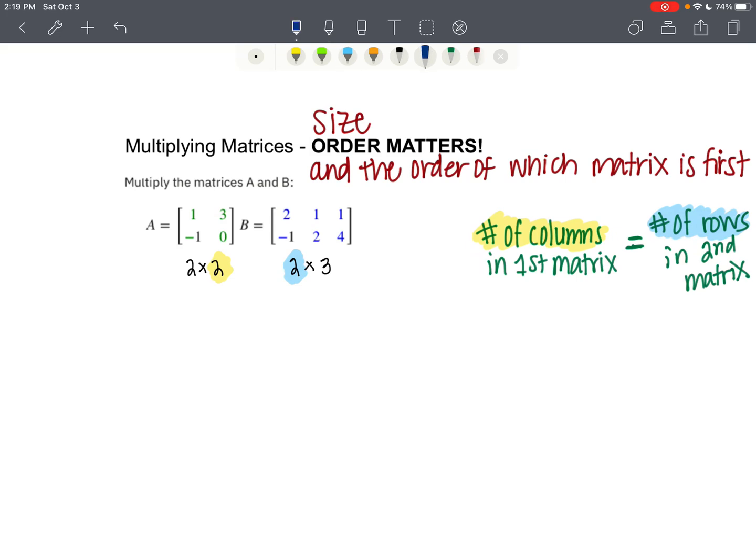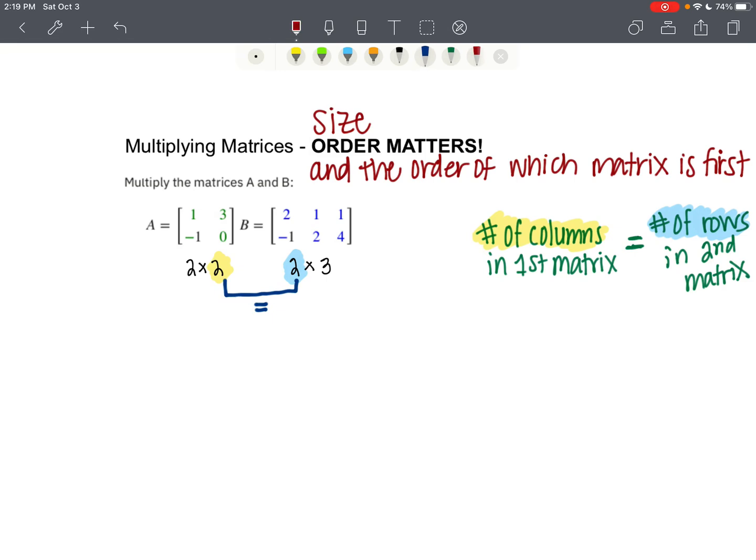So in order, this is our first matrix on the left, our second matrix on the right. If these two values are equal, then we are able to multiply.